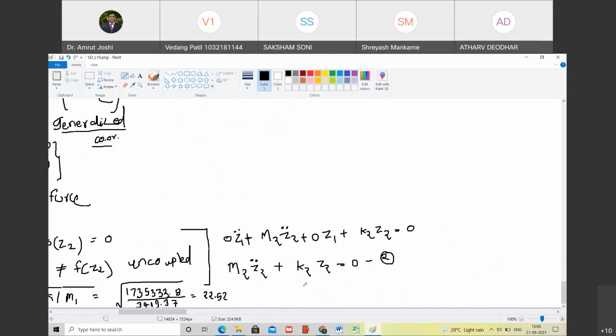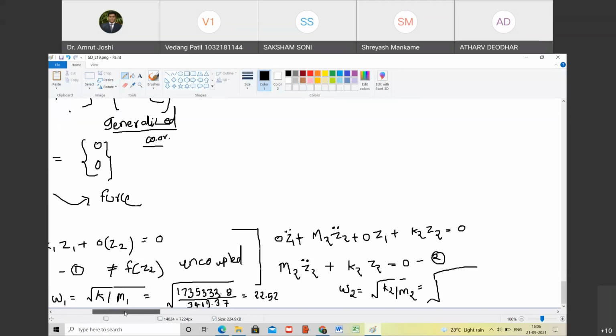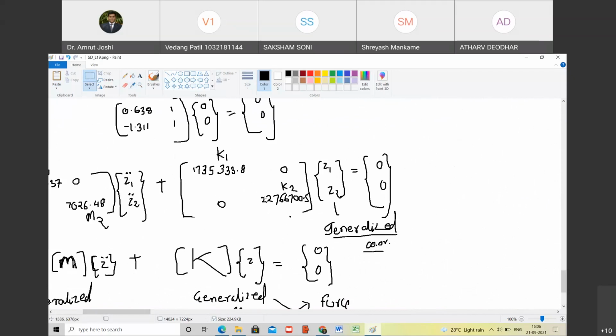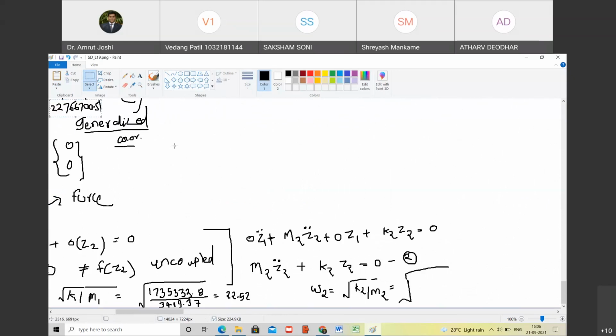Now, can you tell me what is the natural frequency corresponding to the second equation? Square root of K2 by M2. K2 is 227.667.